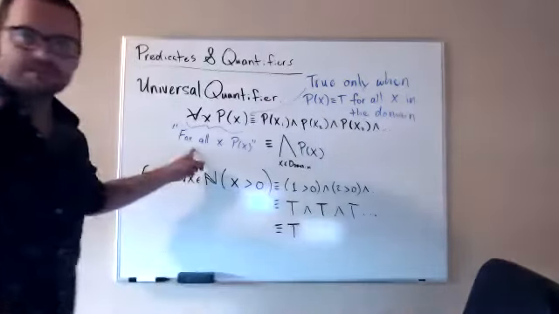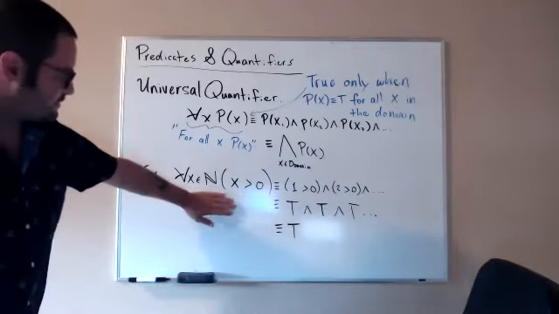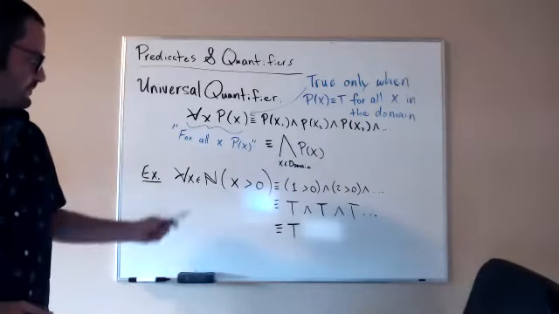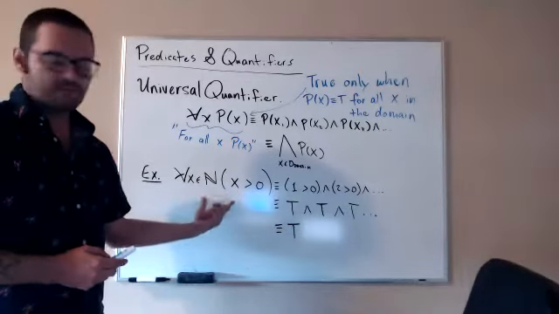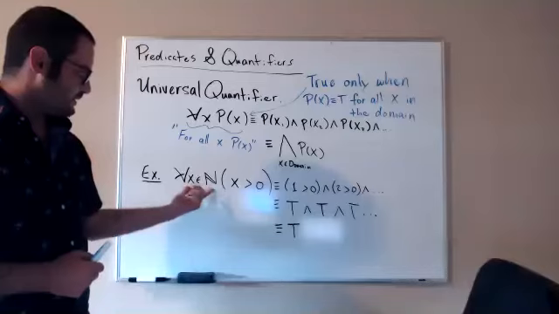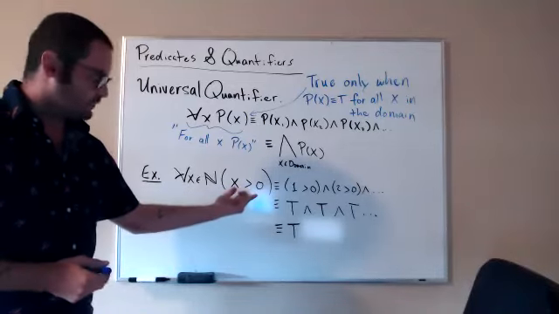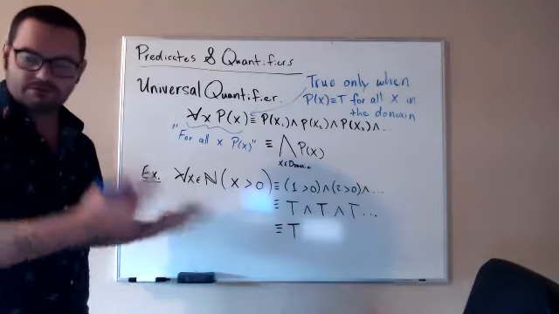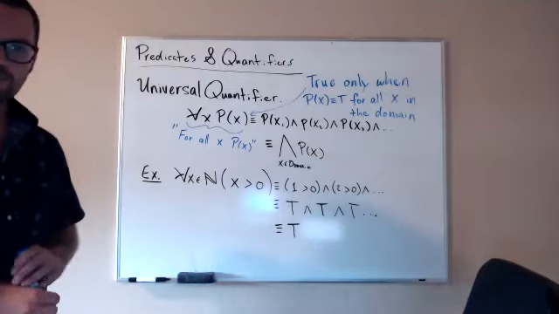That's why it reads for all x, P of x. Okay, so this statement here would be a true proposition. It has the quantifier for all, and every single natural number that you plug into this propositional function will evaluate to true. So since they're all true, this together will be true.